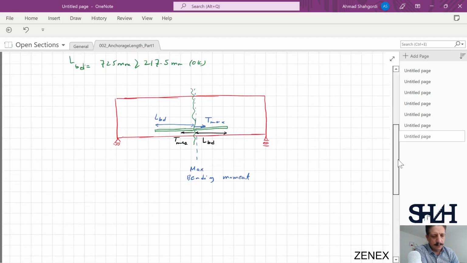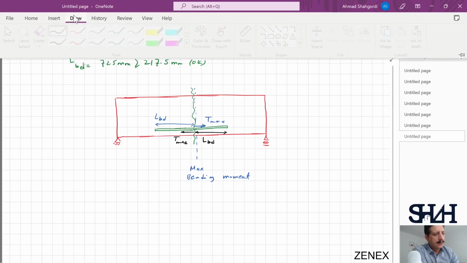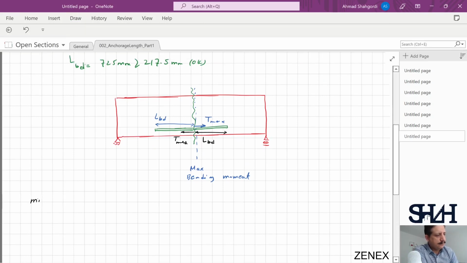So the minimum length of the reinforcement should be 2 times LBD in this case. So 2 times 725 is 1450 millimeter.